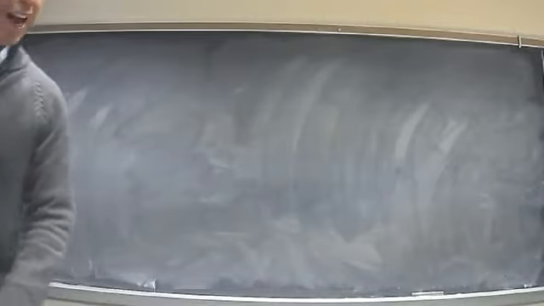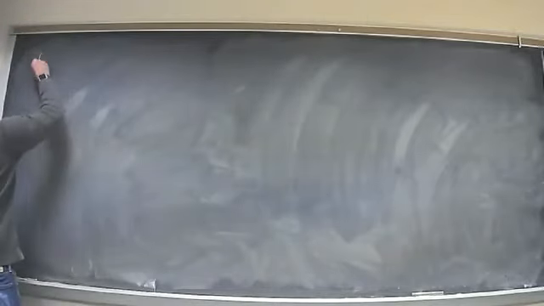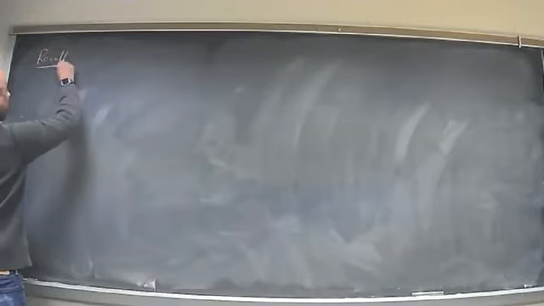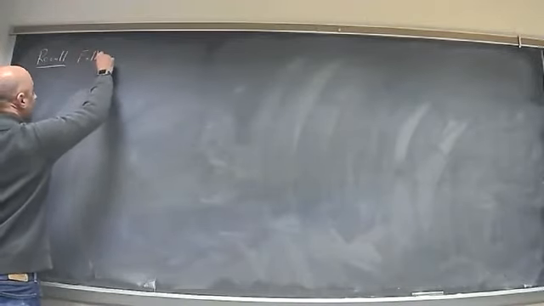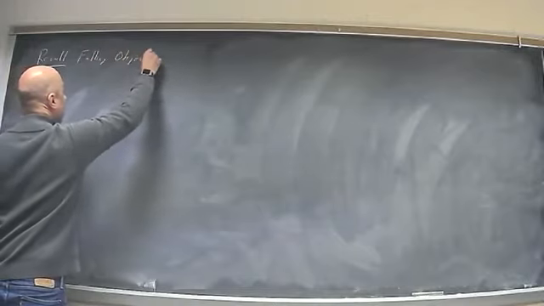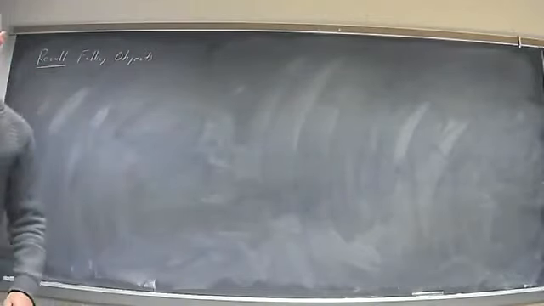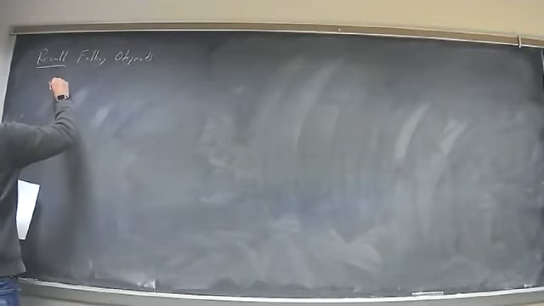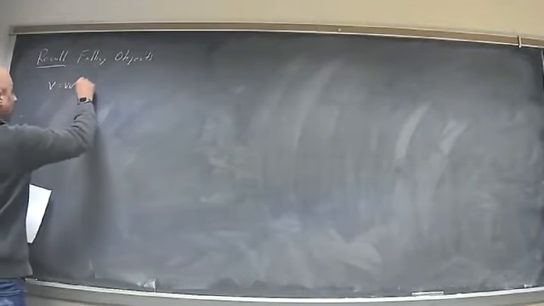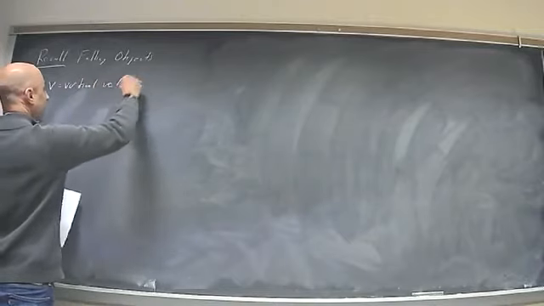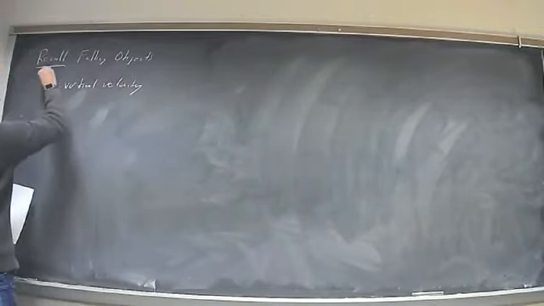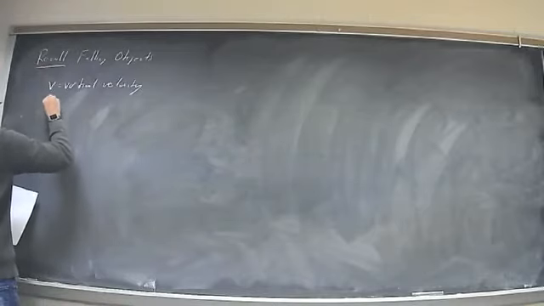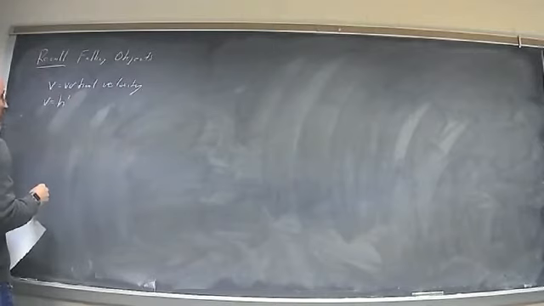Okay, so last time we were taking a look at falling objects. And we ended up with the differential equation. So we had v was vertical velocity. And v was, of course, the derivative of height with respect to time.